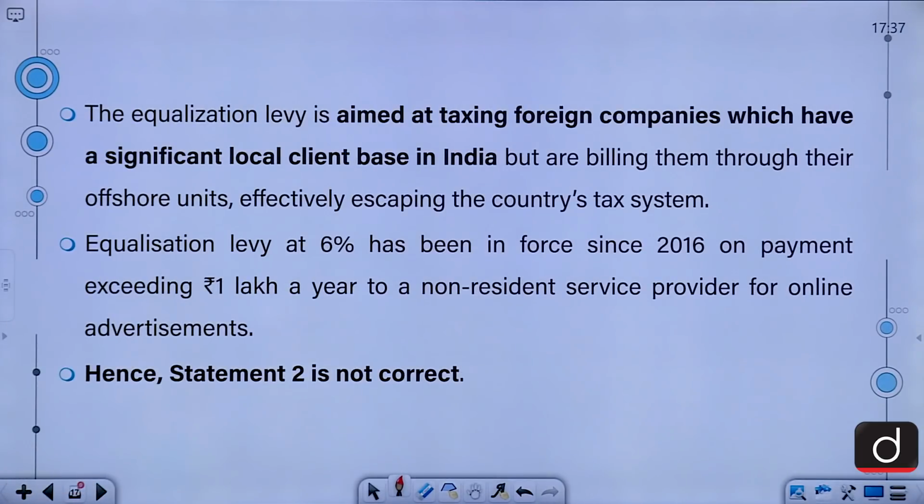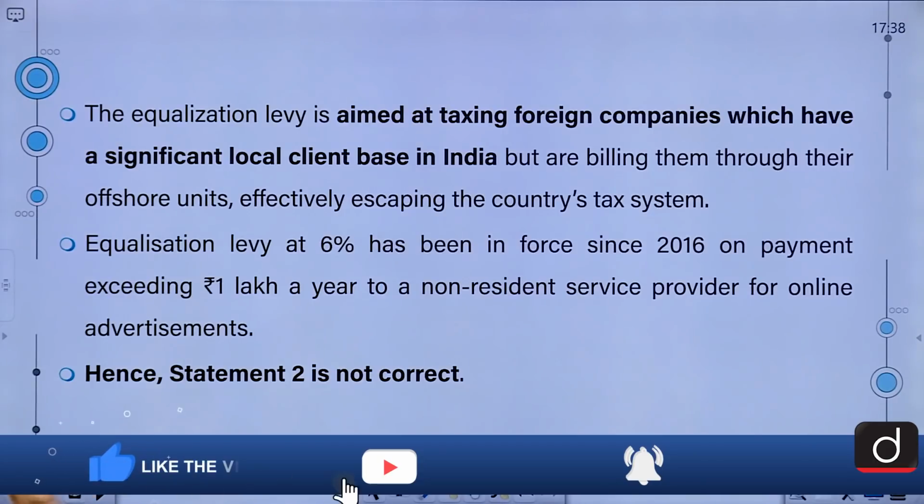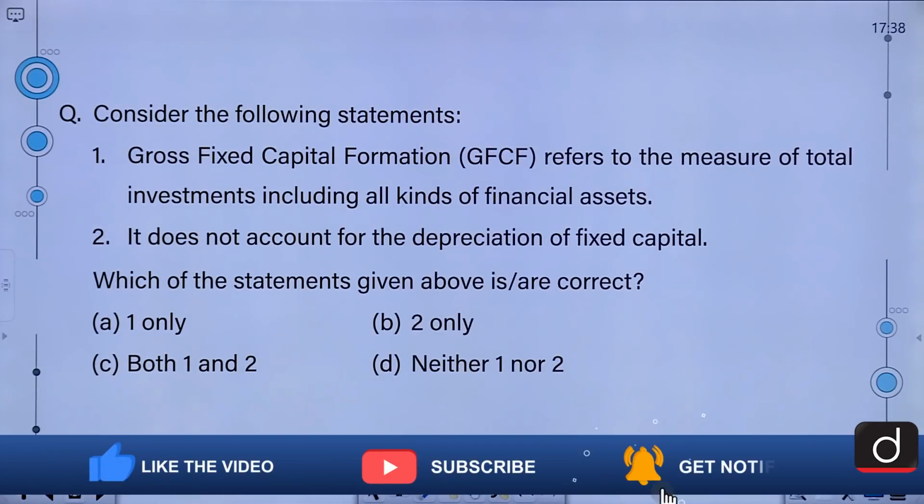The equalization levy is aimed at taxing foreign companies which have a significant local client base in India but are billing them through their offshore units, effectively escaping the country's tax system. Equalization levy at 6% has been in force since 2016 on payments exceeding rupees 1 lakh a year to a non-resident service provider for online advertisements. Let's look at our next question, please.